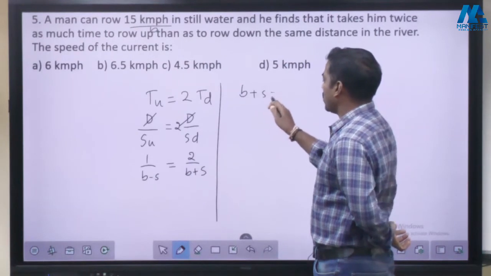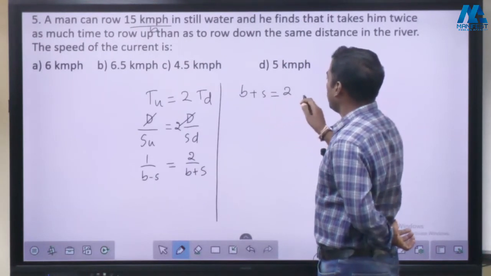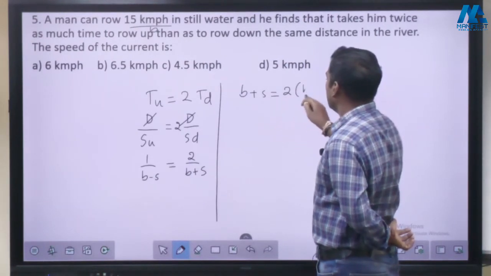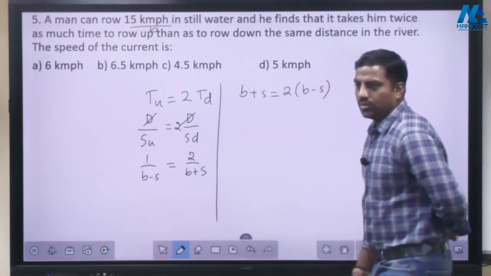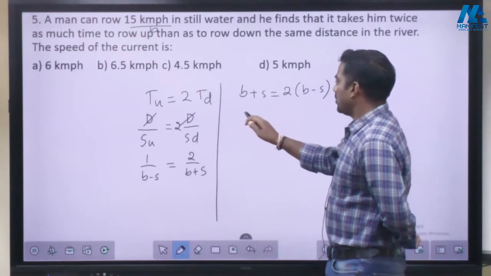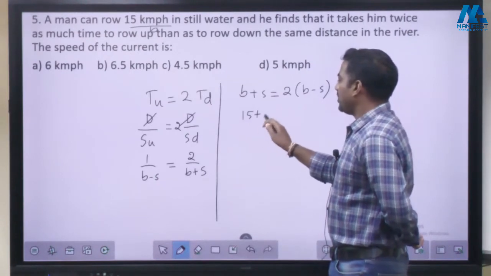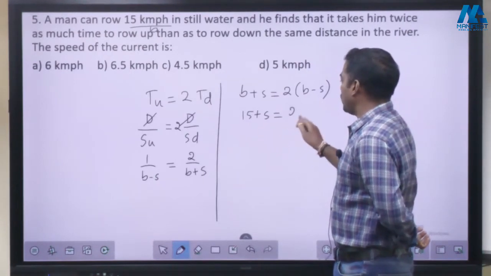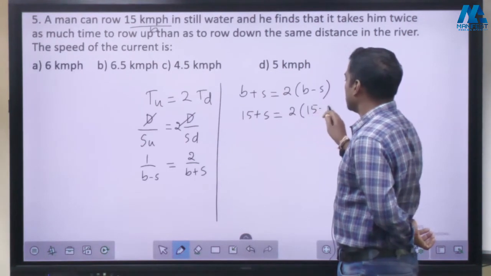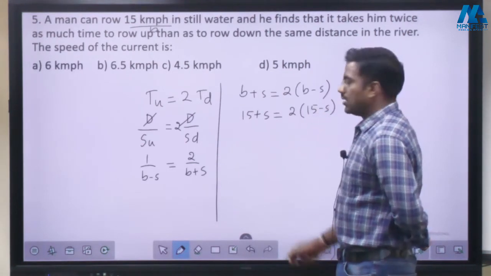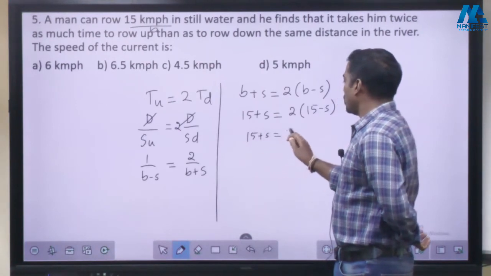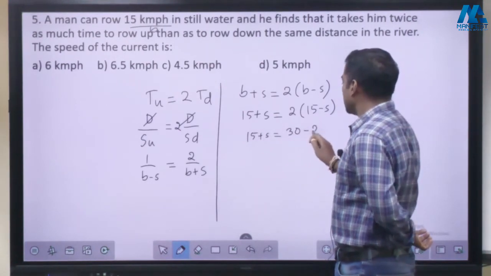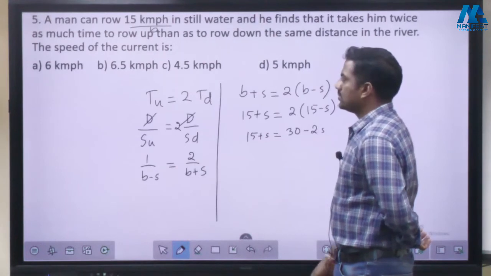B plus S is equal to 2 into B minus S. We know B is 15. So 15 plus S is equal to 2 into 15 minus S. So 15 plus S is equal to 30 minus 2S.